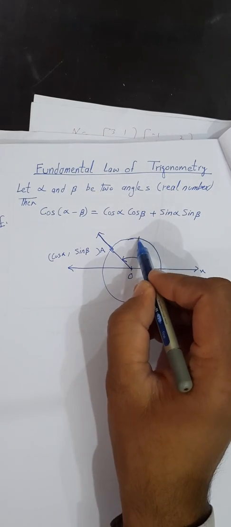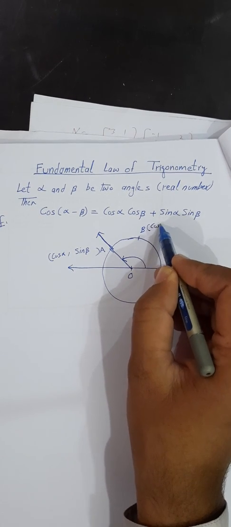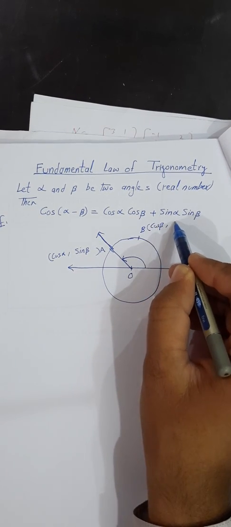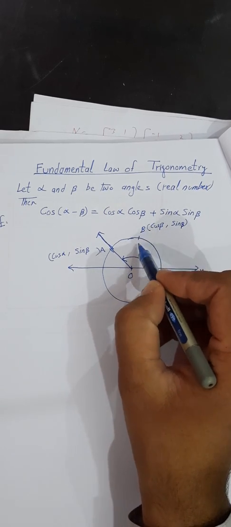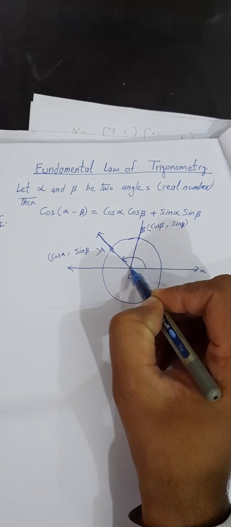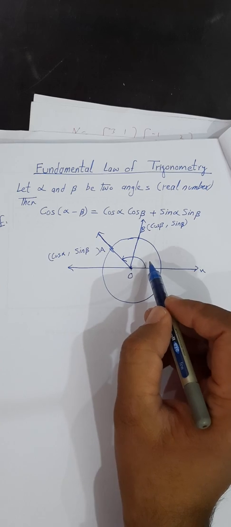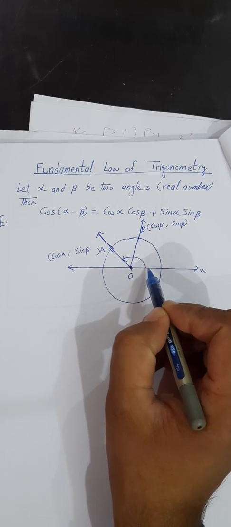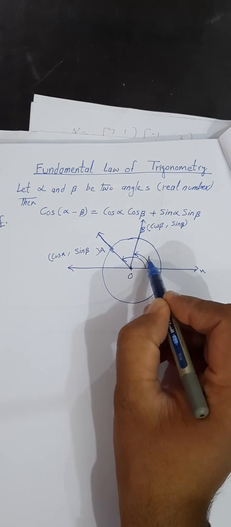Now we choose a point B with coordinates cos beta and sin beta. If we draw a ray that passes through point B with vertex at the origin, this ray OB makes an angle beta with the positive x-axis.